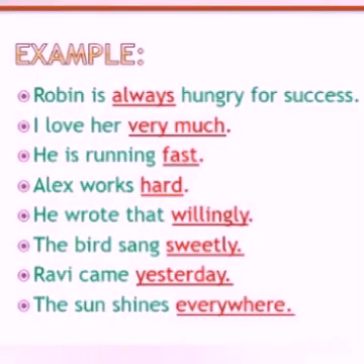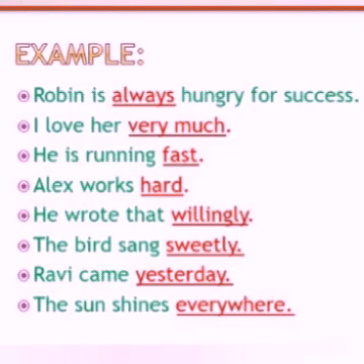Let us see some common examples. Robin is always hungry for success. What is the adverb here? Always. It modifies the verb, which is "is". Secondly, I love her very much. Very much gives more meaning to the verb love. How do you love? I love very much. He is running fast. How are you running?